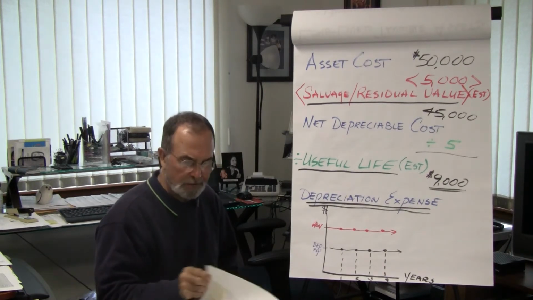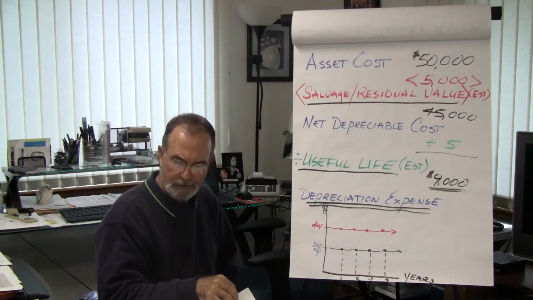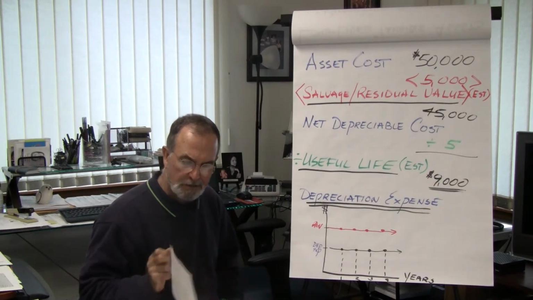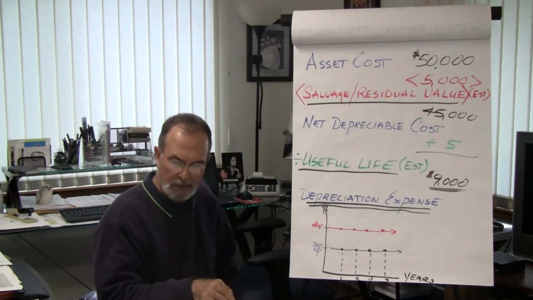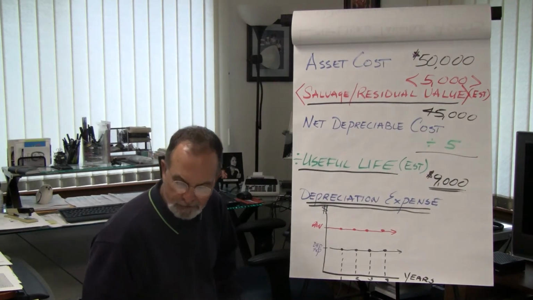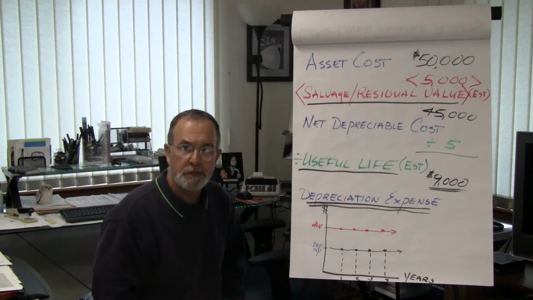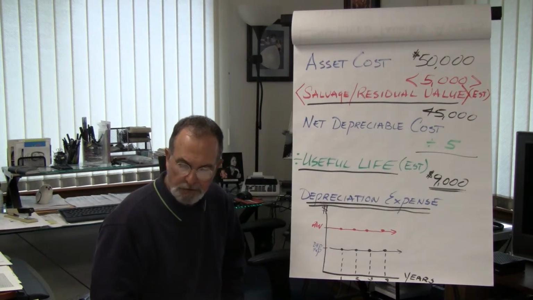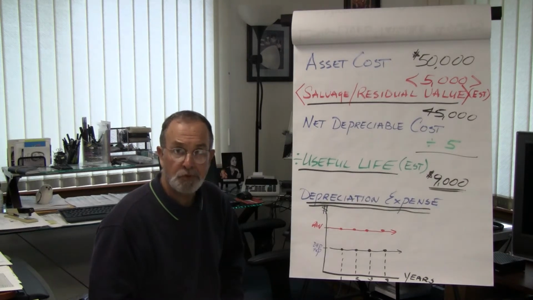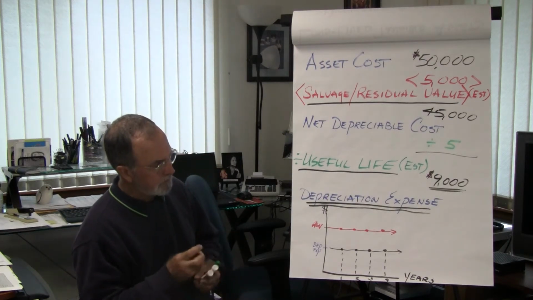If we were to take a look at the text where it discusses depreciation, on page 411, at the top right hand corner of the page, they also show a graph of units of production depreciation.